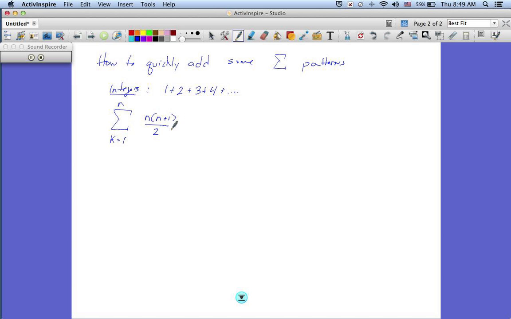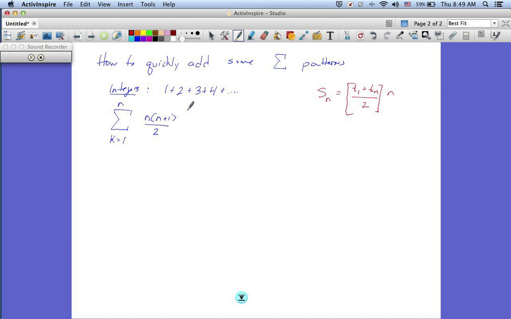If you think about it, this should make a whole lot of sense, because this is an arithmetic sequence. And an arithmetic sum, recall, is the first term plus the last term divided by 2 times the number of terms.